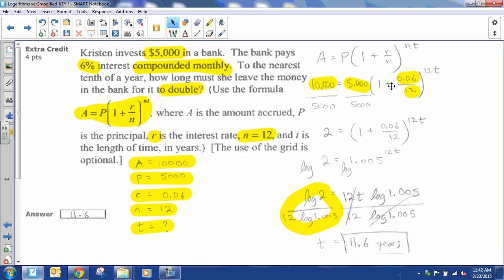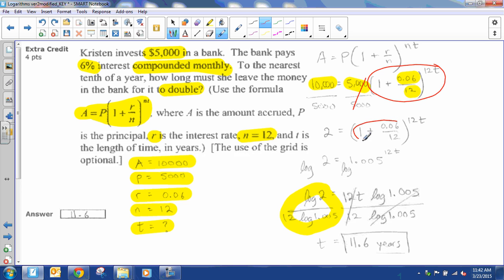Plugging all this into our formula, we want to isolate this entire exponential part of the expression. So we divide both sides by 5,000. We get 2 equals 1 plus 0.06 over 12 to the 12t power.